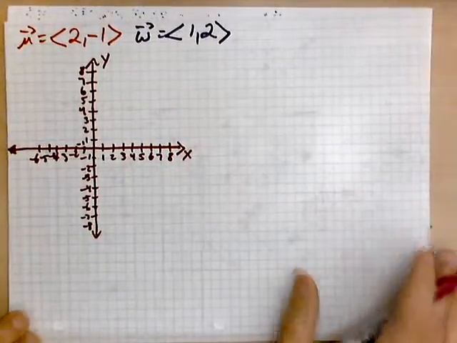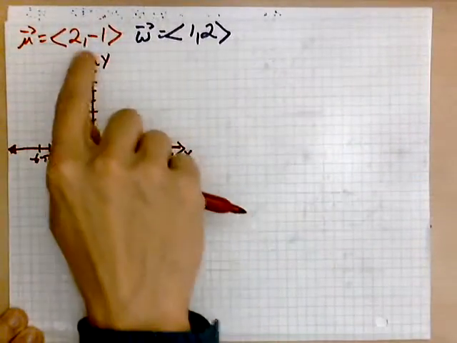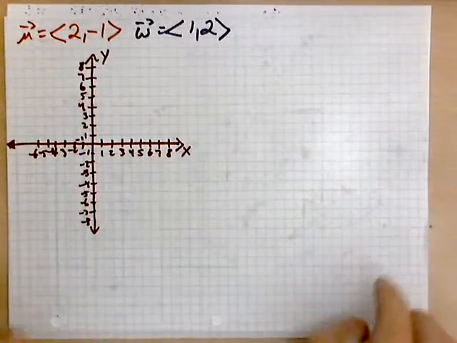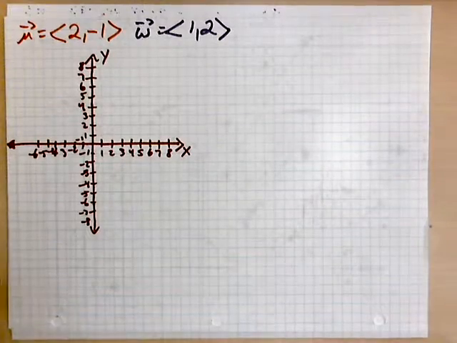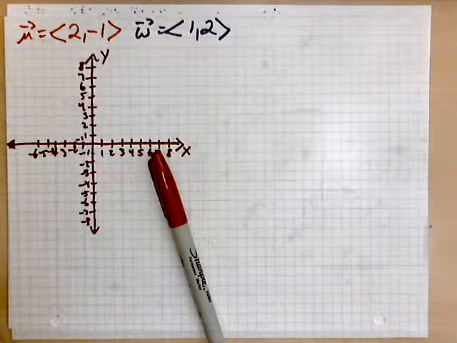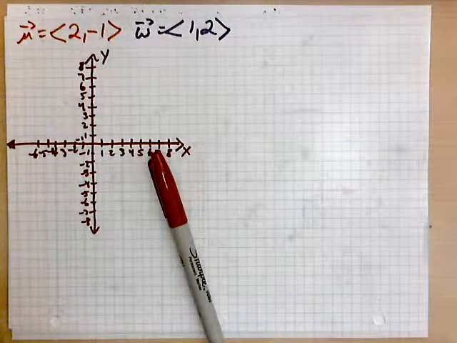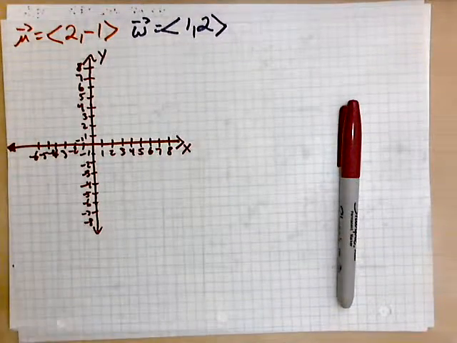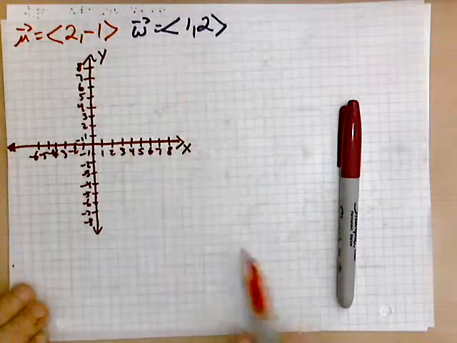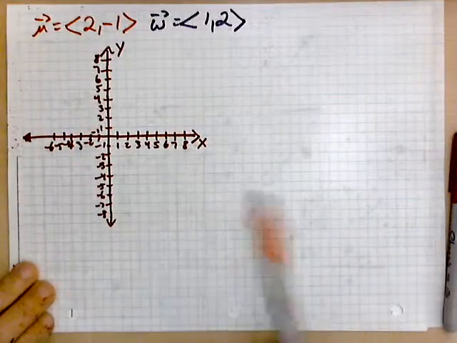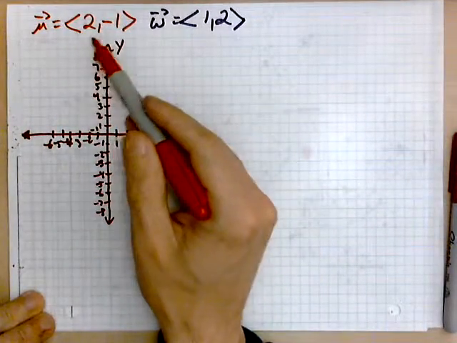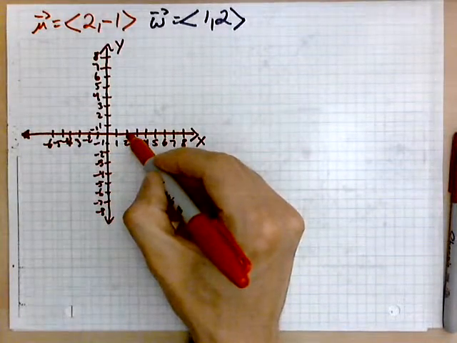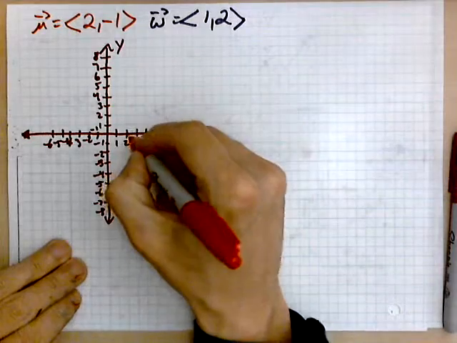And what we are told is the following. This is the vector u, which has components 2, -1. And there's the vector w, which has components 1, 2. Let's first draw u. So u has an x component of +2, so that's 2 to the right, and then a y component of -1, so that's 1 down.